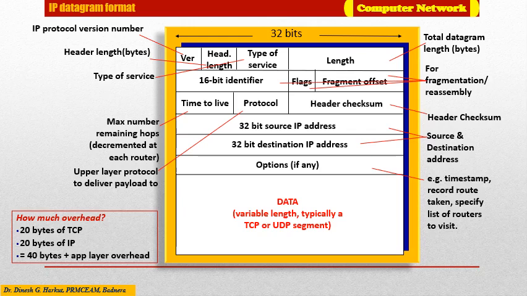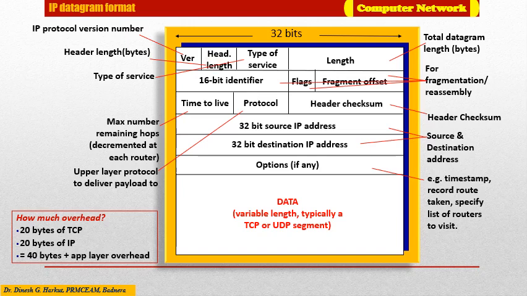That is, each datagram carries a total of 40 bytes of header along with the application layer message: 20 bytes of TCP plus 20 bytes of these fields plus the actual data. Each and every datagram has 40 bytes of overhead along with the actual application layer data.